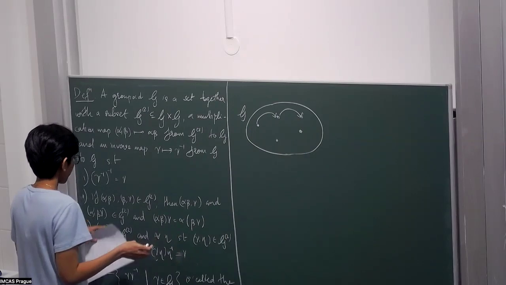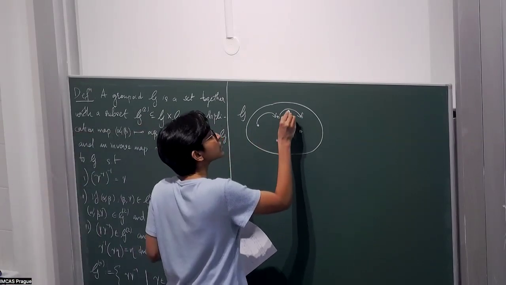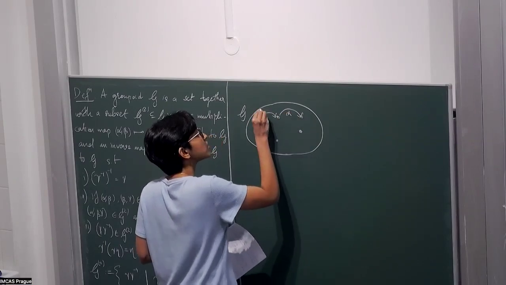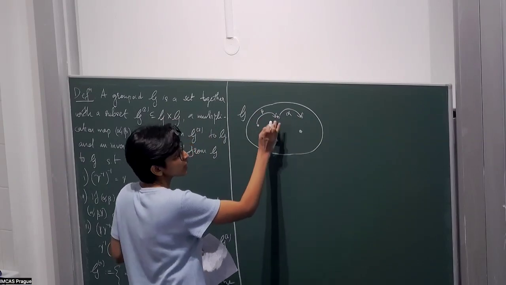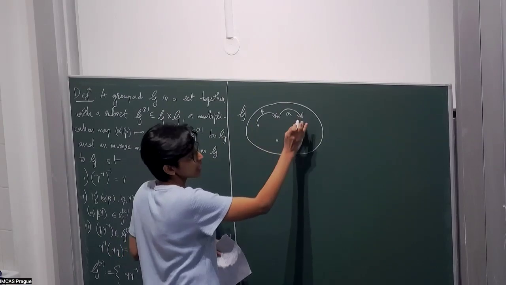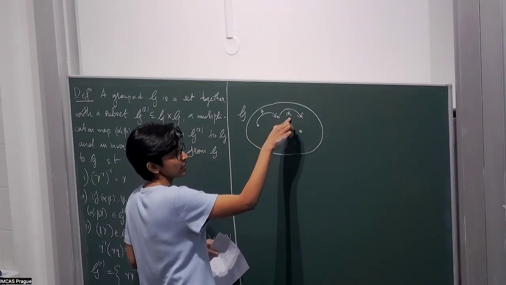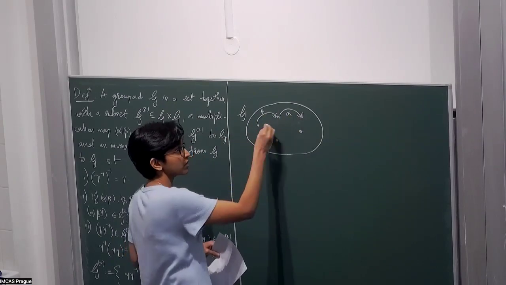This associativity essentially says that if I have an arrow beta and then an arrow alpha such that the source of beta coincides with the range of alpha, then it is possible to compose these things, just like we do with functions.